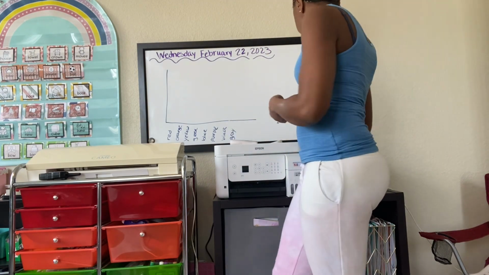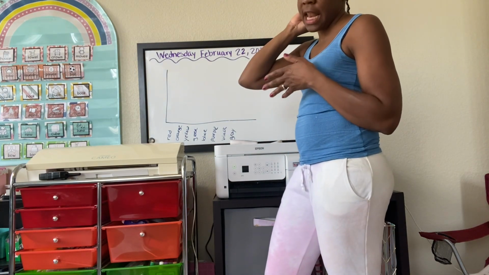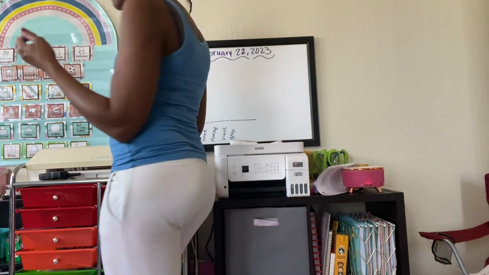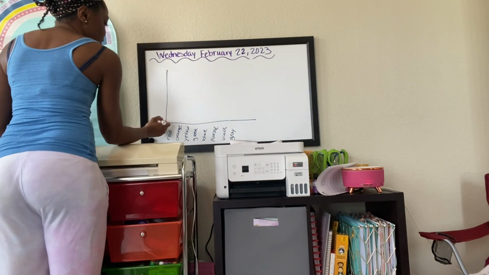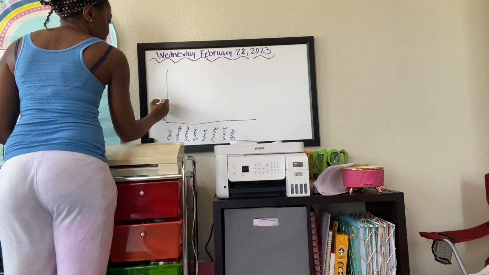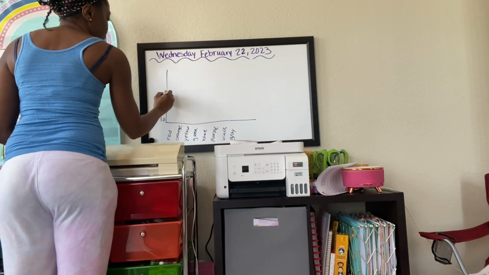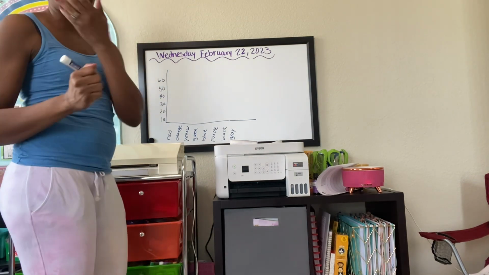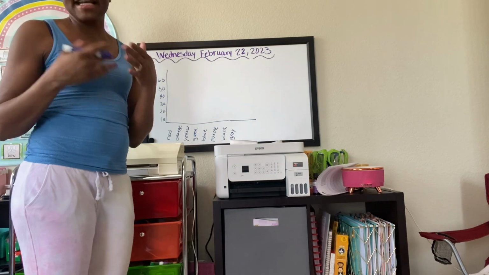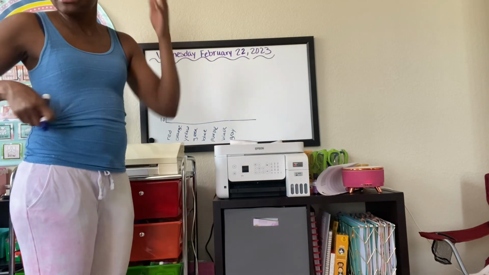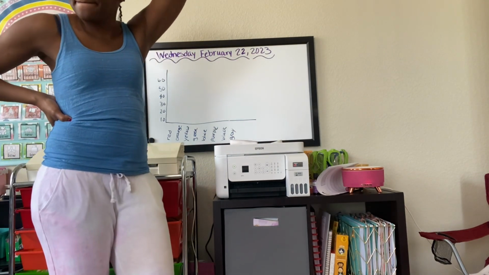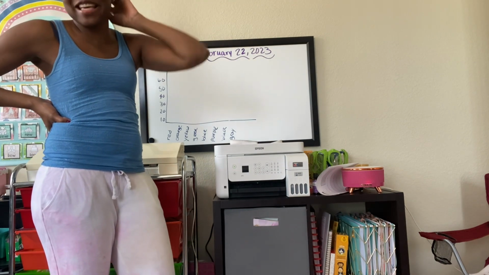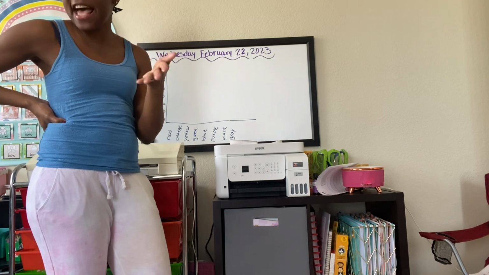Now, for the numbers, I like to deal with my numbers in tens, because it's just easier that way to me. So, let's do 10, 20, 30, 40, 50, 60. Again, a line graph is used to find and collect data.